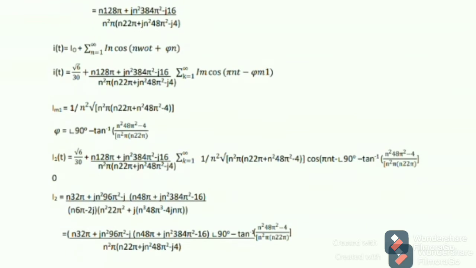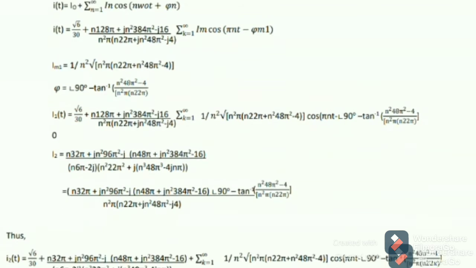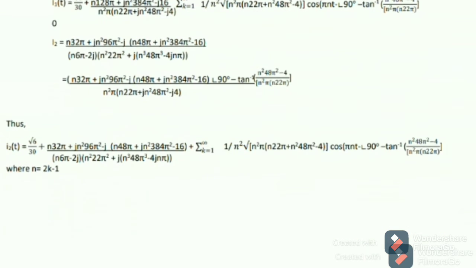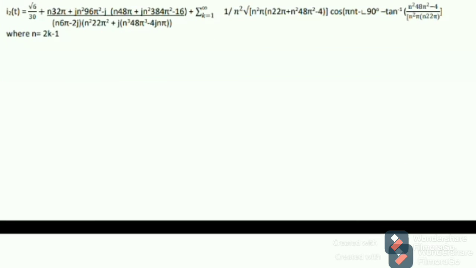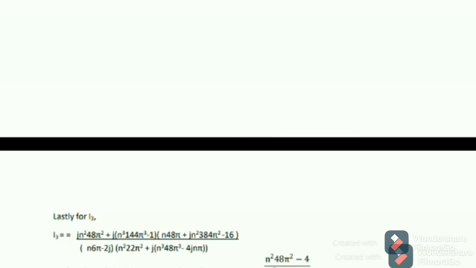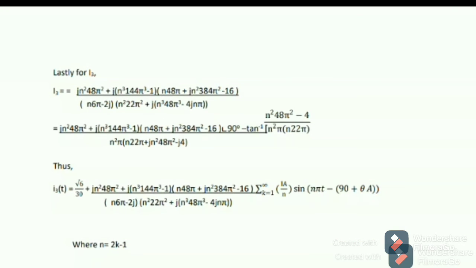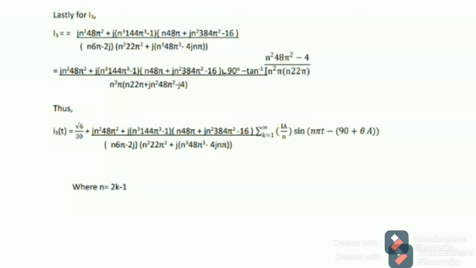Then we solve the equation and we've got the answer. Next, for I2, we did the same as I1. So this is the equation and how to solve it. Lastly, we go for I3, same as I2 and I1. We replace it into the formula and we solve it. And this is the answer.